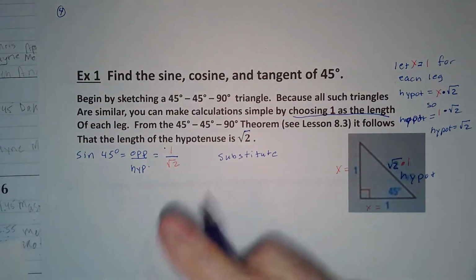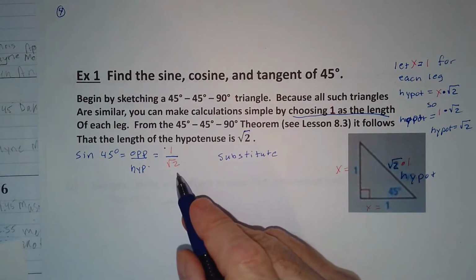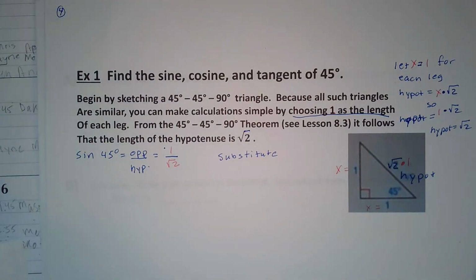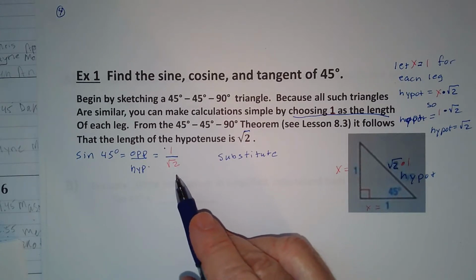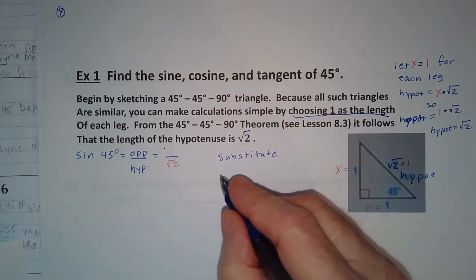But you'll notice that you've got a radical in the denominator. Now here's the thing. Even though this is the ratio, in algebra you may remember that you can never have a radical number like the square root of 2 in the denominator of a fraction. So what you have to do is you have to rationalize it.